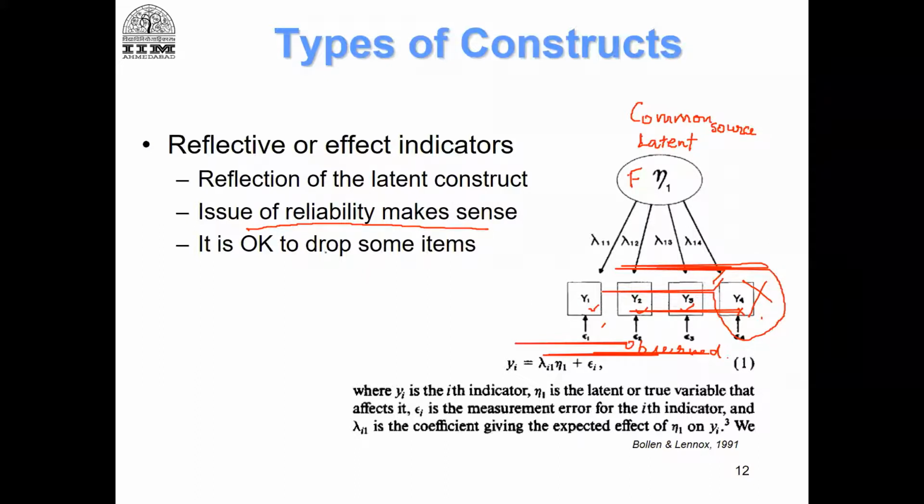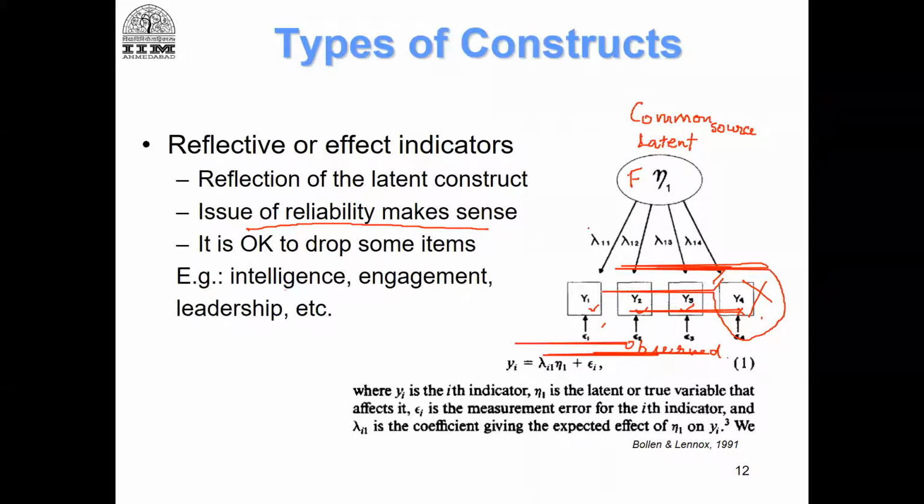This is possible in a reflective construct, in reflective indicators. For example, you have the latent construct intelligence or engagement or leadership, and you have multiple items to measure these latent constructs. You can drop some of those items and retain some of those items, because the reflection of this latent construct is falling on all the four items, and hence it is possible.